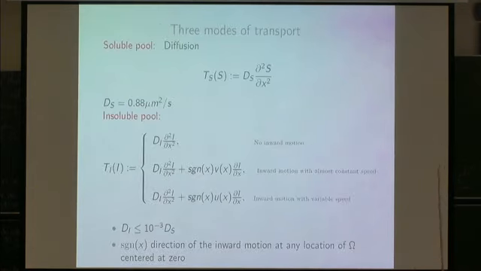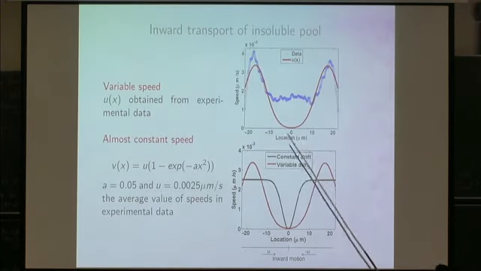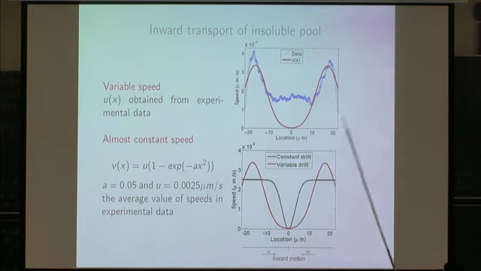We have two types of speed, because first we have the speed from the data, that is measured from experimental data. Otherwise, the second speed we assume is just the average speed of the data.